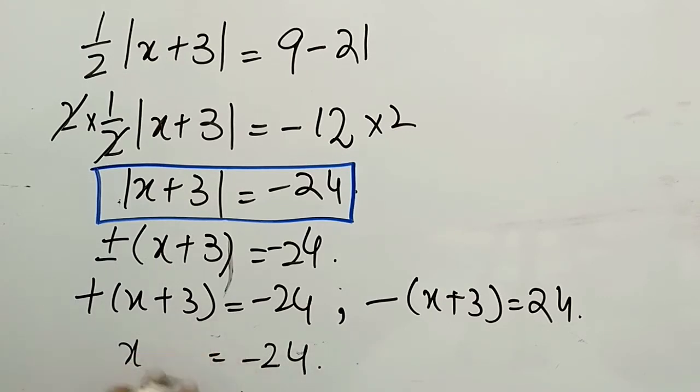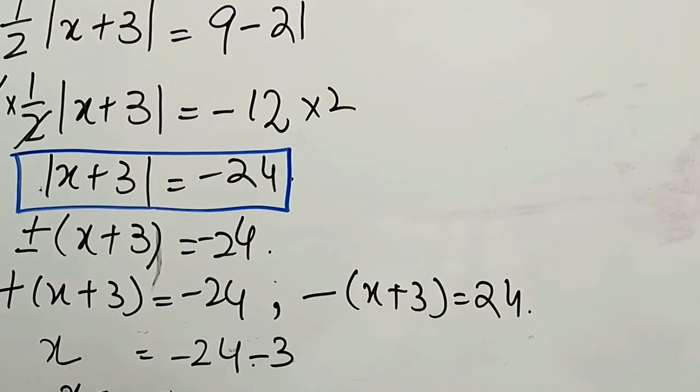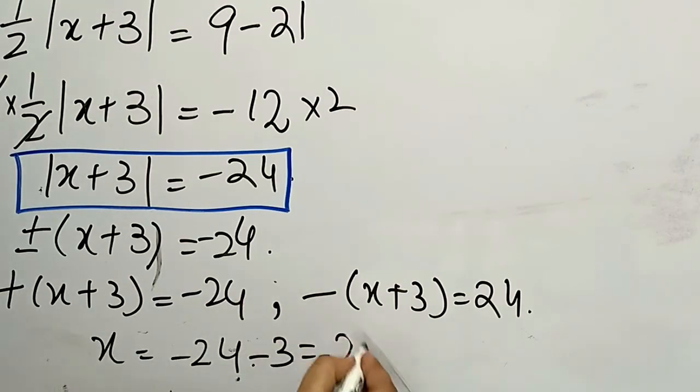Take x plus 3 is equal to minus 24. When the 3 moves from this side to this side, it will be negative. So x is equal to minus 27.